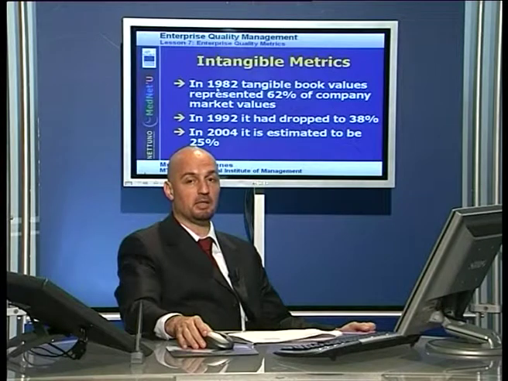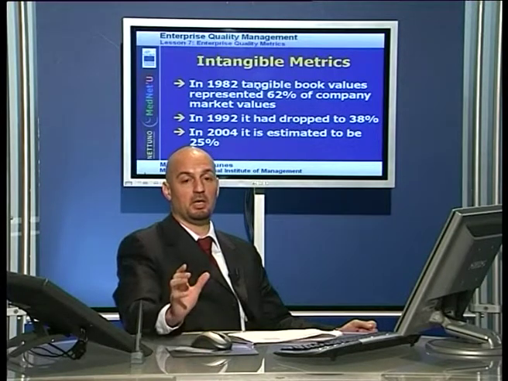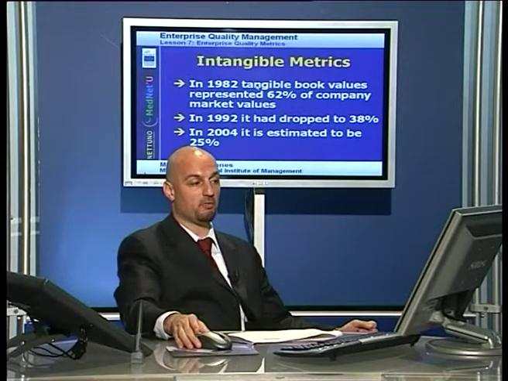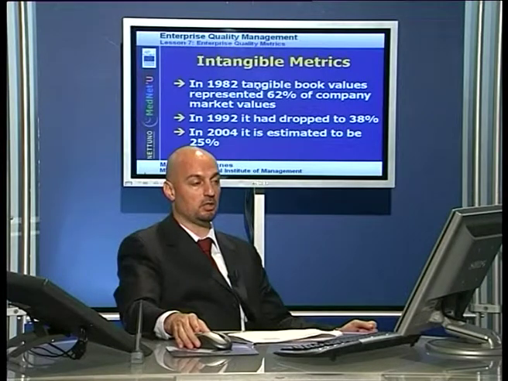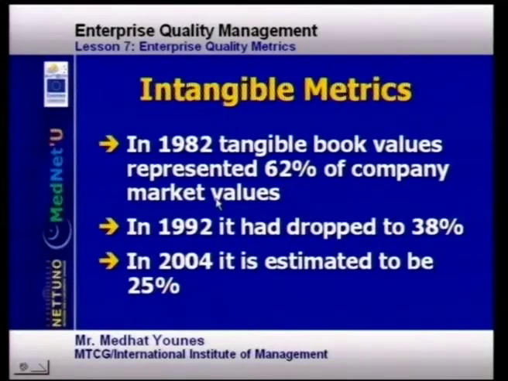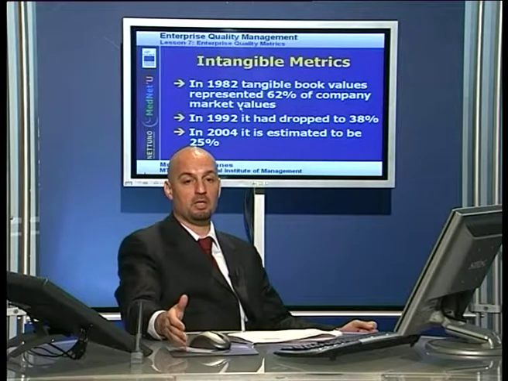In 1982, the tangible book value, that's the tangible assets that you have, including the fixed assets and the cash in the bank, represented only 62% of the company market value. So if a company is worth $100 million in a public market, the actual assets of that company were only 62%.